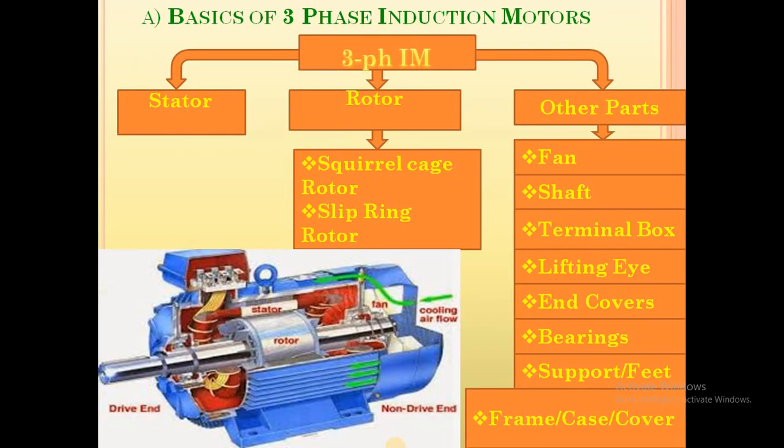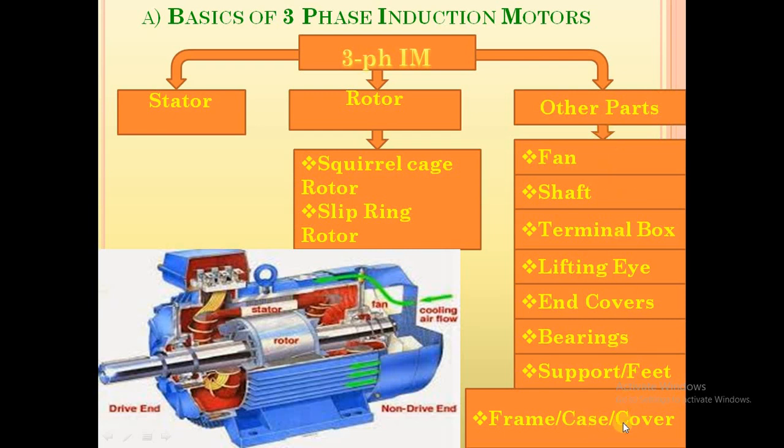So this is the basics of three-phase induction motor, where I have given different parts of a three-phase induction motor. These are the stator and the rotor, the two important parts of an induction motor. Then other parts are also there: fan, shaft, terminal box, lifting eye, end covers, bearings, support or feet, the frame, case, cover.